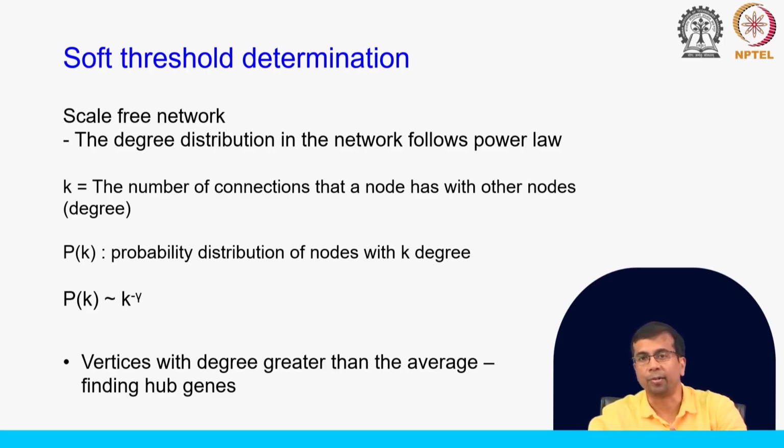These could be interesting targets. So, we use this soft threshold to identify a value where we get a scale-free network, so that we can follow that up with network construction and find the hub genes. That is the motivation for soft threshold determination.